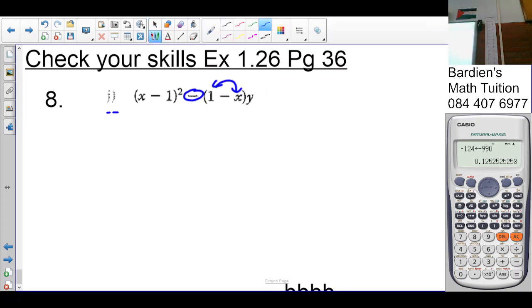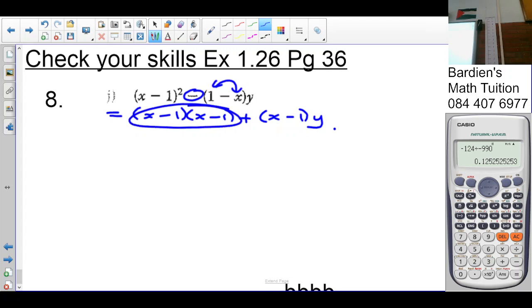Negative comes out. So it will become x minus 1 into x minus 1 plus x minus 1 y. You didn't have to write that out, guys. Okay, just write it out so you guys can see what's happening there.